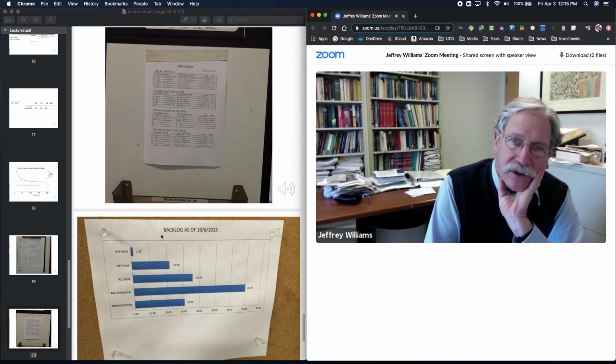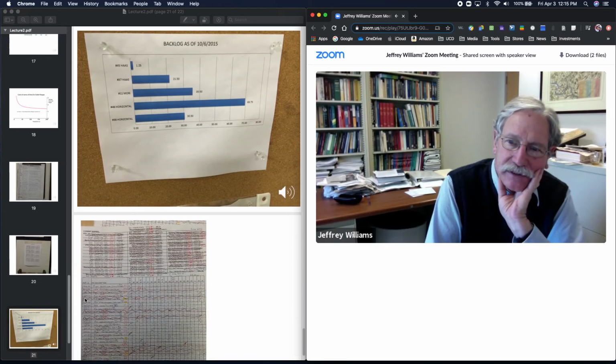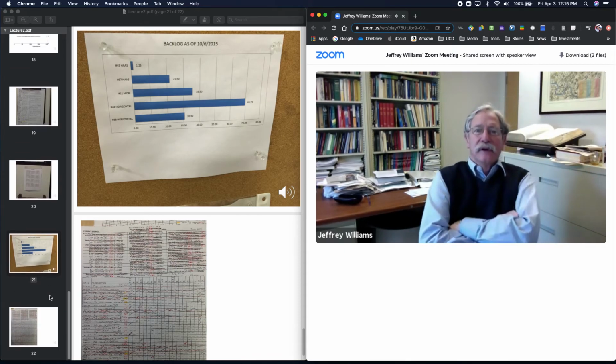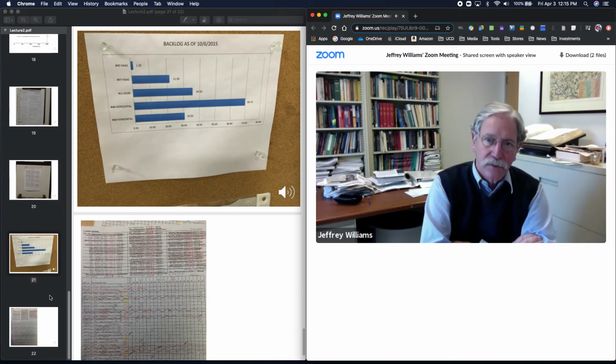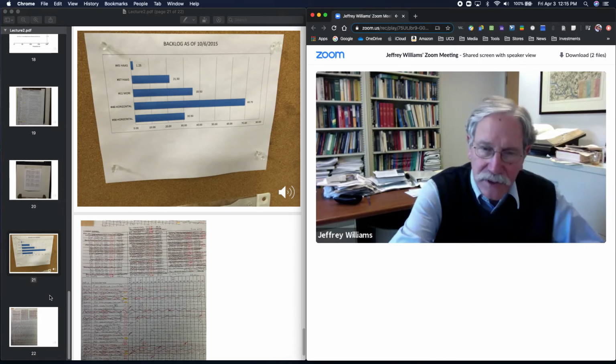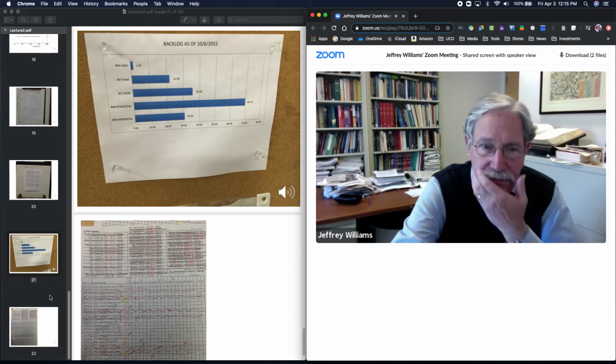This was the backlog as of June 10th, 2015. This is a weekly report generated by some of the software available to Vulcan, and it showed how far ahead particular machines were scheduled, meaning what the backlog was, knowing the production scheduling that was going to show probably through the end of June.